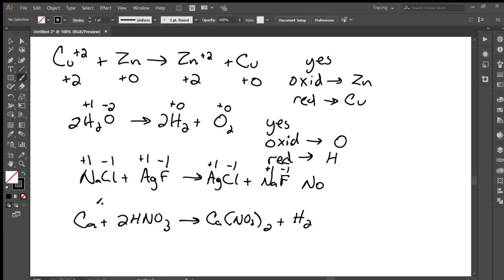Okay, you should be able to do this, but calcium all by itself, so what's the charge on the atom? 0, so it's got an oxidation number of 0.